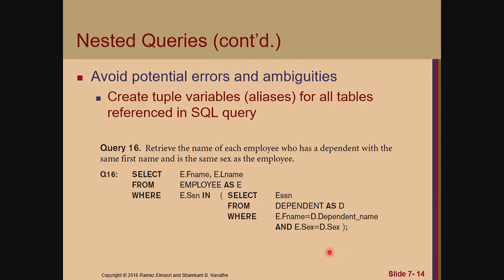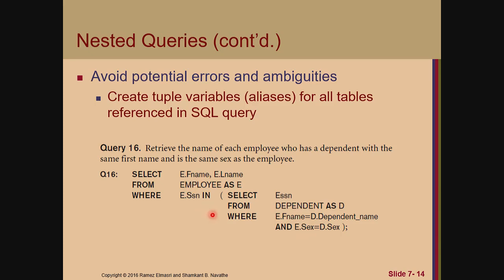Okay, so we can understand very clearly where the attribute comes from, referring to which table. And also E dot sex equal D dot sex. If we don't identify the table, sex equal sex, we don't know which table we want to use, right? So now it is very clear, and if you don't identify, actually it becomes an error in the queries. Anyway, don't forget it.